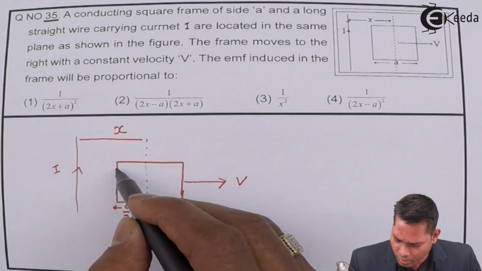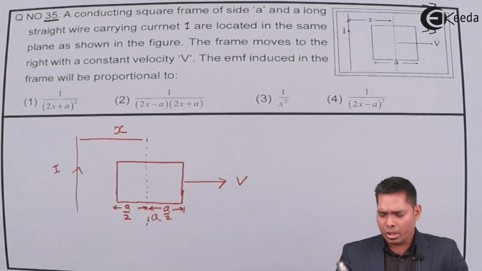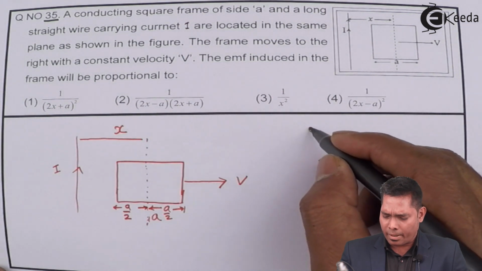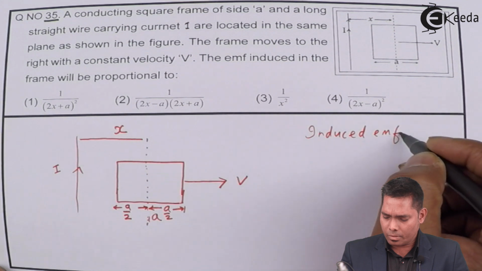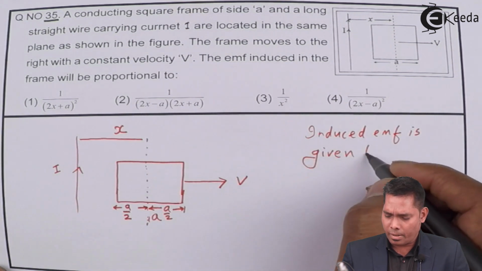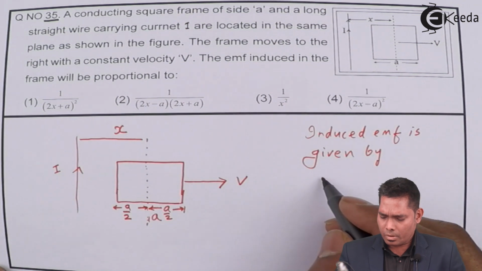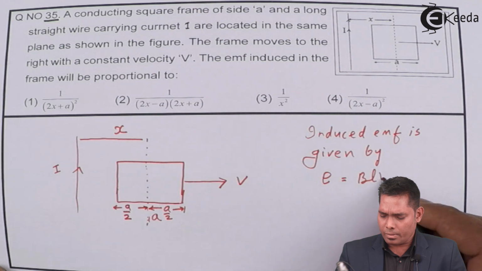the induced EMF is given by E equals BLV.